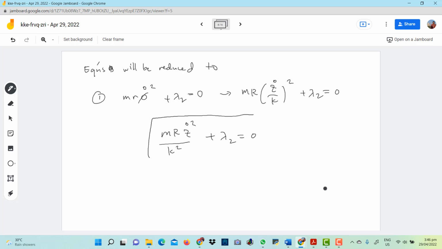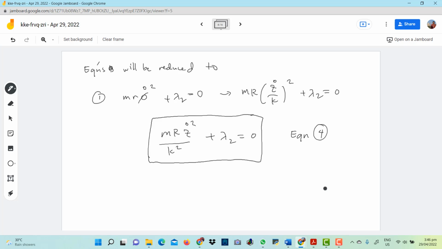I will put a box here and call this equation 1. Equation 1, 2, 3, then equation 4. We are almost there to solve lambda 2. Once I solve for z dot, I can solve lambda 2 in terms of m, R, k, z, and g.